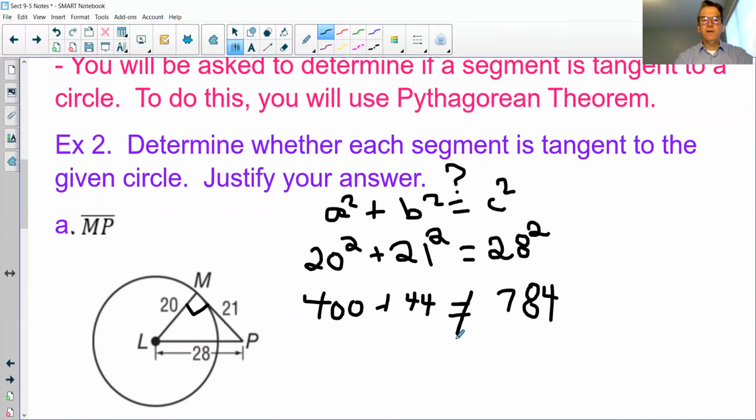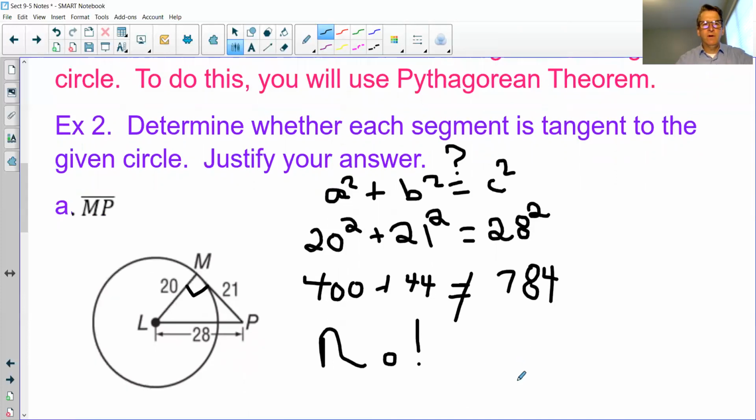So we just determined that this MP is not tangent to the given circle. Check these types of questions out on an upcoming test, quiz, or worksheet.